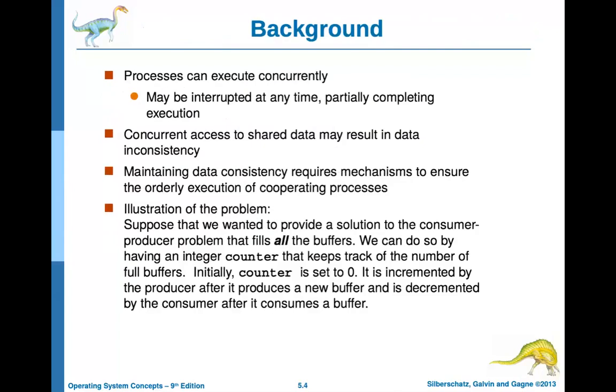So let us start the discussion with a simple background. We discussed concurrency, right? The meaning of that is processes can execute concurrently. If we have multiple processors, we can say they are executing simultaneously. But still, the meaning of concurrently is that the operating system deals with the state of processes.